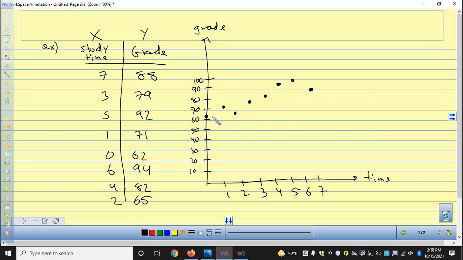There would be a scatter plot of that data. I'm just plotting those points on a graph. So here's my scatter plot. And they call it a scatter plot because there are points scattered on the plot.